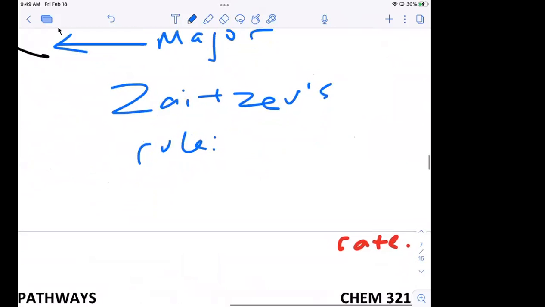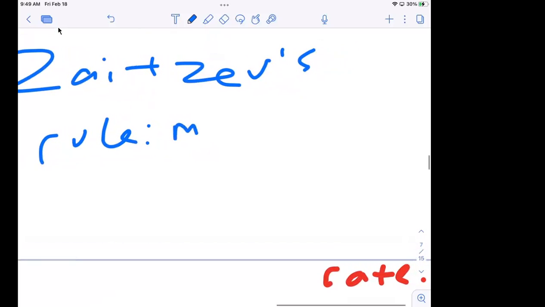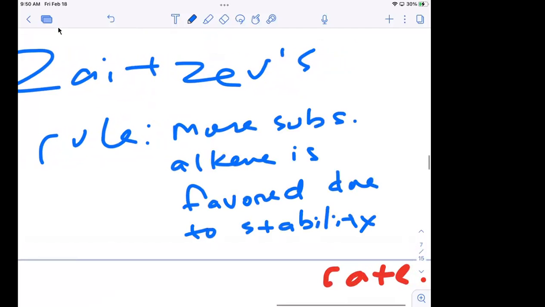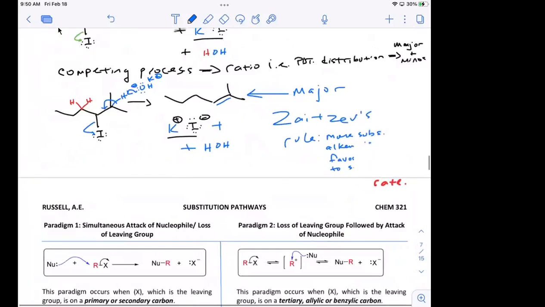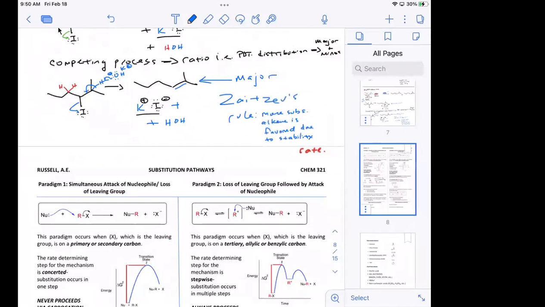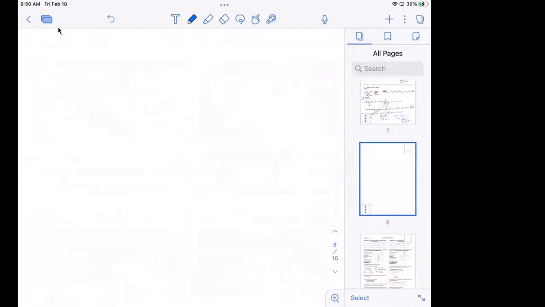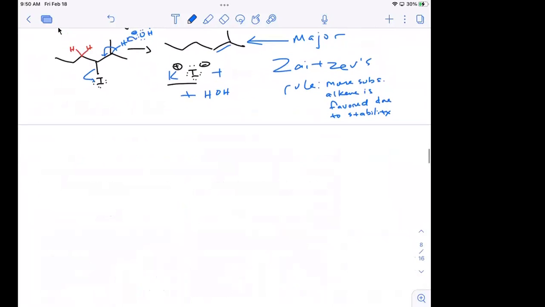The more substituted alkene is the favorite product. So it's based on the stability of the alkene. All right, let me show you the substitution patterns, and then that'll be it. We'll stop and let y'all enjoy your weekend.